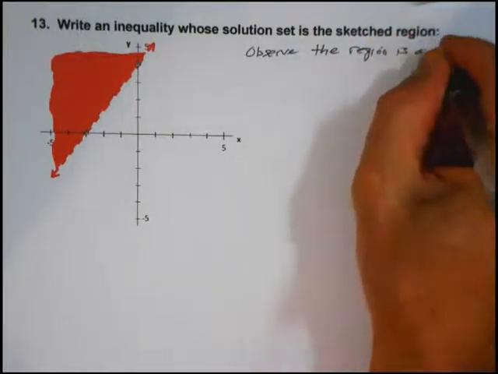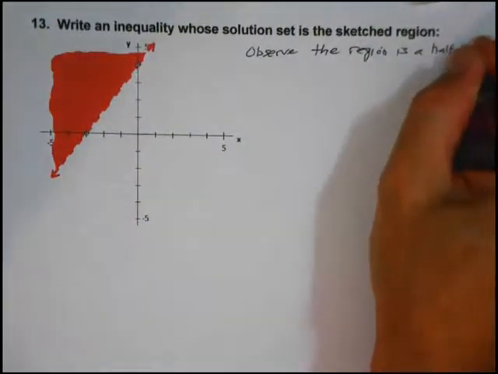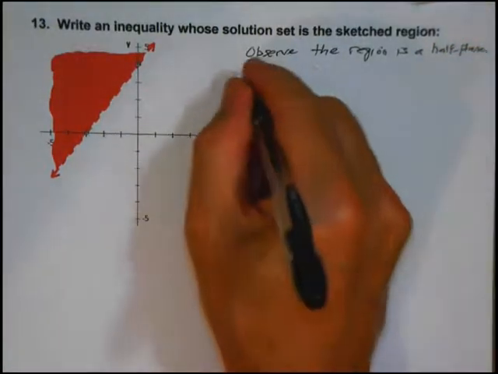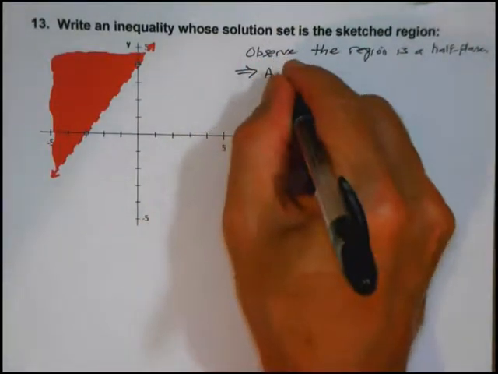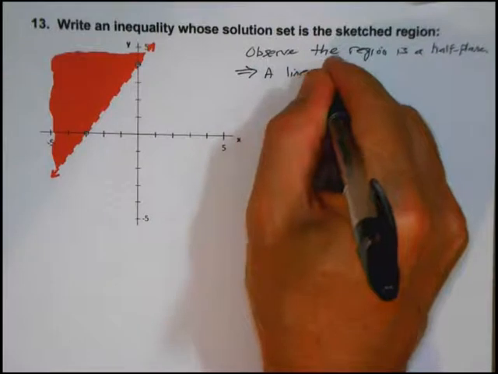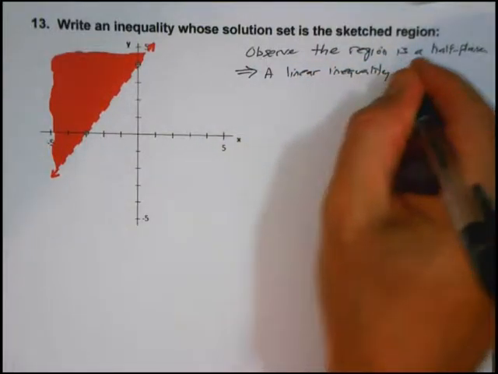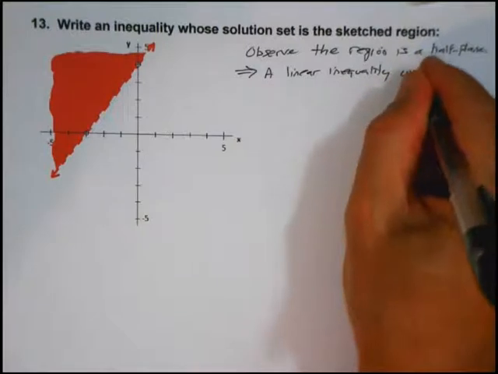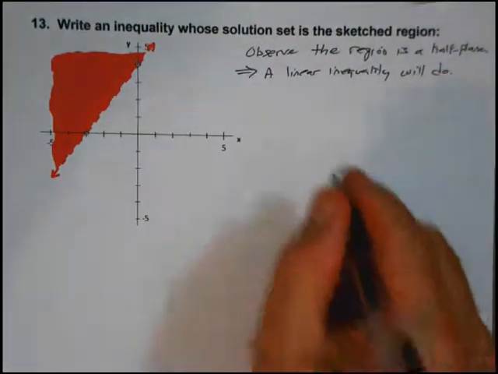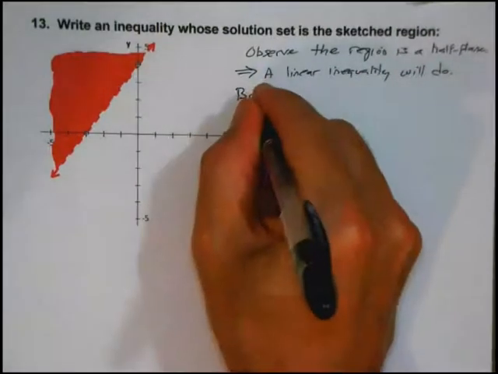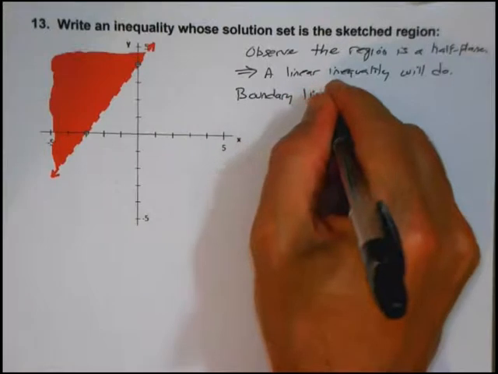What this implies then is that a linear inequality will work. Well, let's get the boundary line equation.